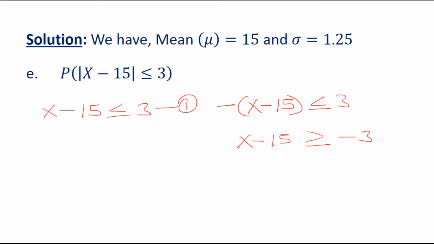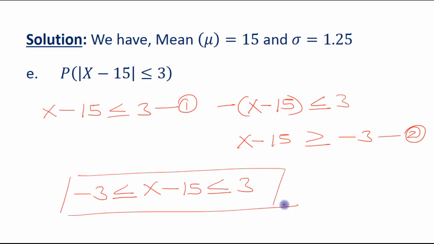And now we will combine these two equations and the final result will be minus 3 less than and equals to x minus 15 less than and equals to 3. So this equation can be written in this form.